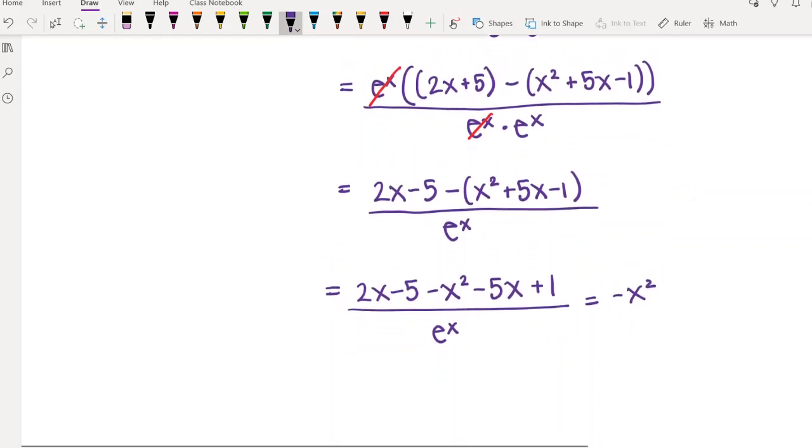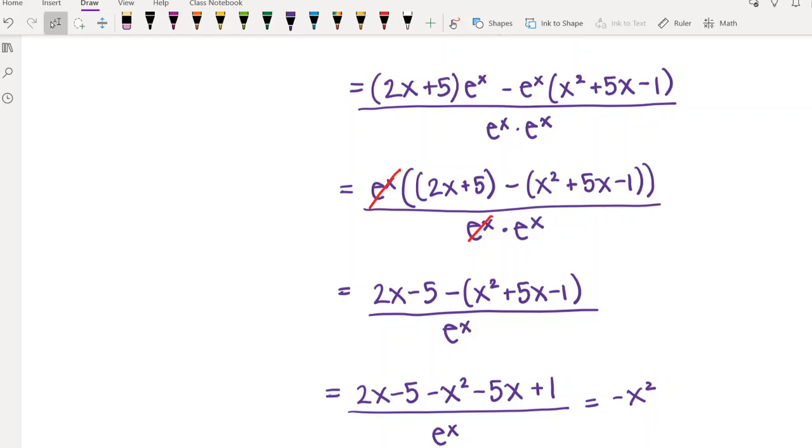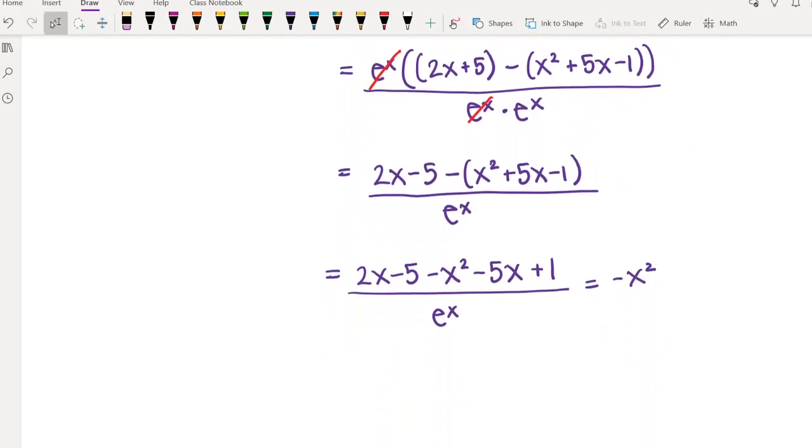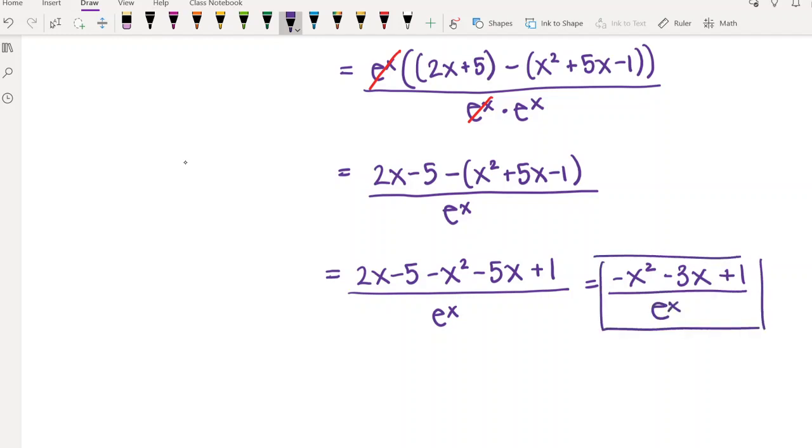So it's a good thing that I re-recorded this because I don't think I noticed my mistake the last time around. All right. Well, anyway, so we have x squared. Now we have a minus 5x and a plus 2x. So altogether, that's going to give us a minus 3x. And then we have a plus 1 divided by e to the x. So that is our final answer.